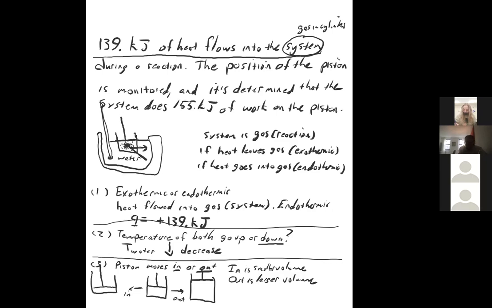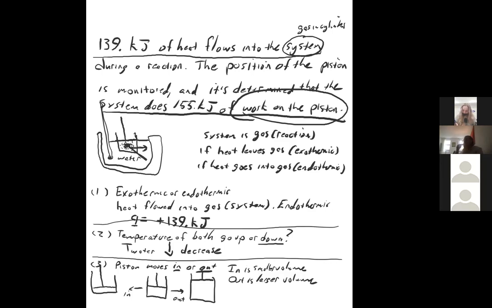Okay, now here's how you figure that out. That has to do with work. So I'm going to underline that second part right there. Work on the piston. So what they're saying is the gas, remember the gas is the system, is doing work on the piston. Okay.